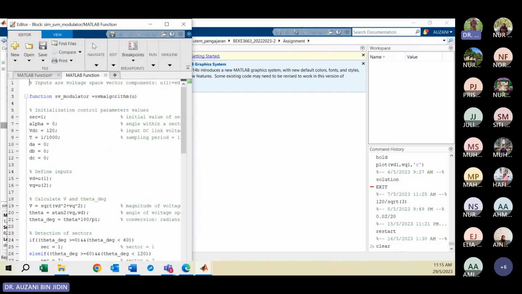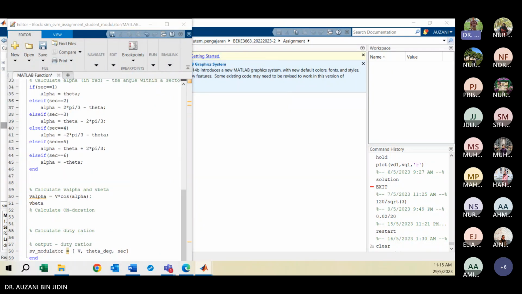So this is the answer. How to open in new figure? Maybe this is my reference. Sorry, V alpha is cos, V beta is sine.